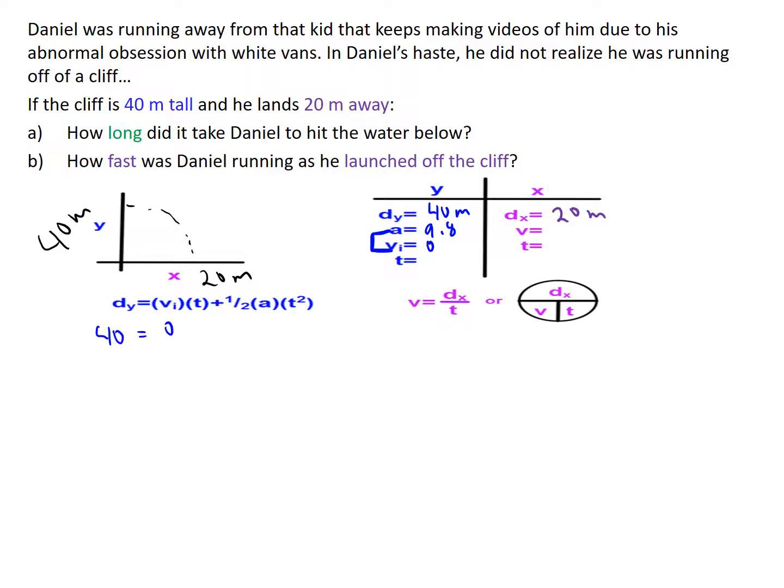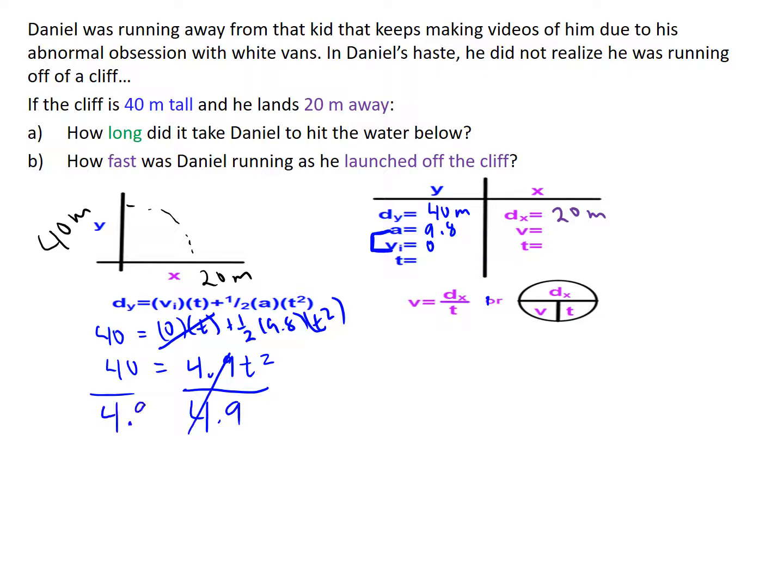Initial velocity is 0 times t, I don't know what t is, plus 1/2 9.8 t squared. Now let's simplify. 40 equals, well, anything times 0 is 0, so I can cross this out. Okay, 1/2 times 9.8 is 4.9 t squared. To get t squared by itself here, we have to divide both sides by 4.9.